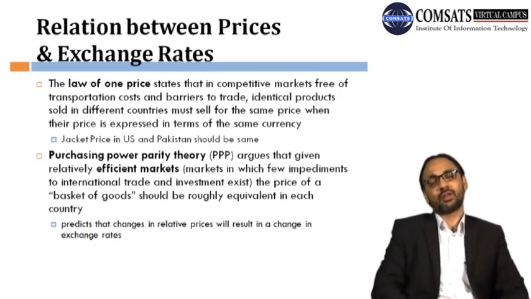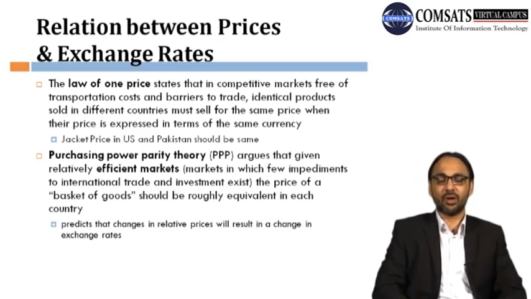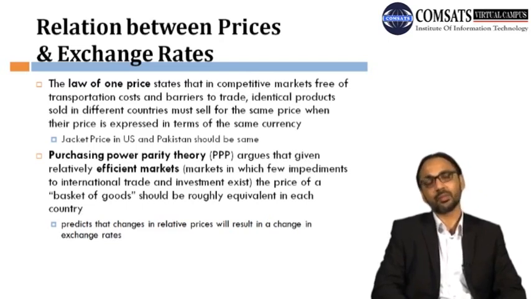Before we understand the relationship between prices and exchange rate, there is another important concept called the law of one price. The law of one price says that if we buy some product in Pakistan, the price of that product should be the same in another country when we exchange that price into that currency.